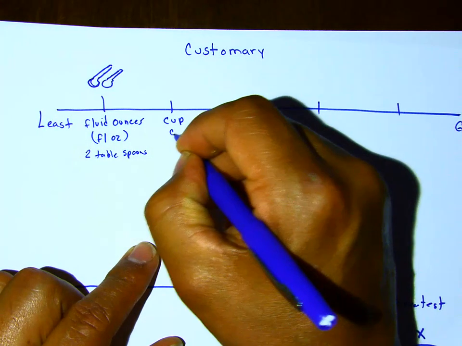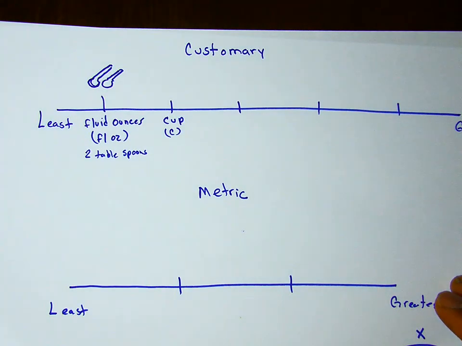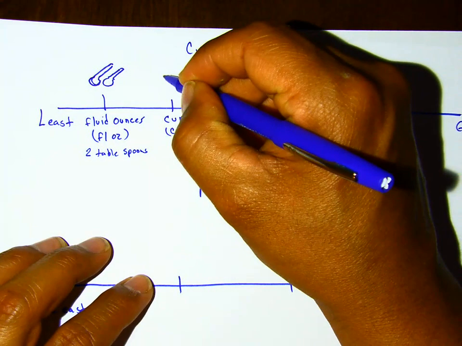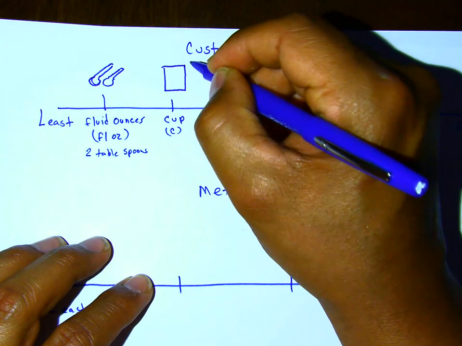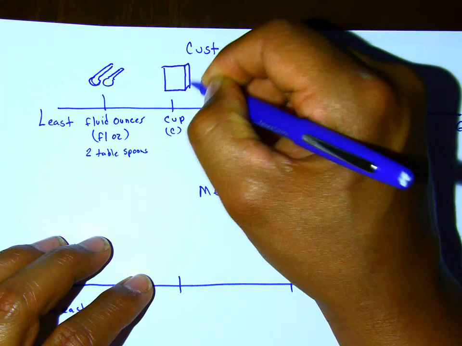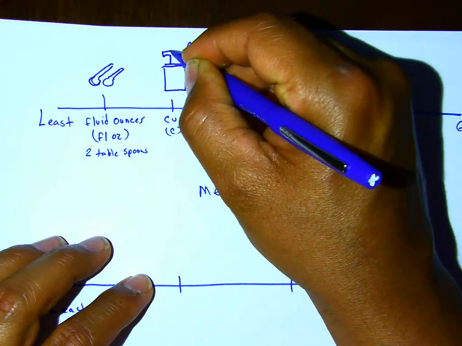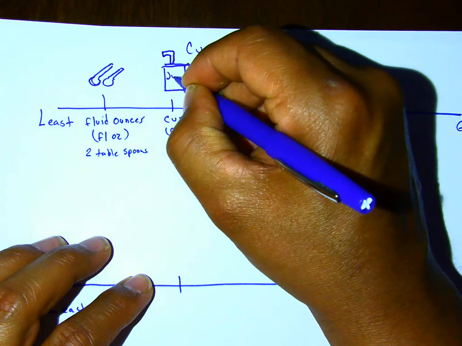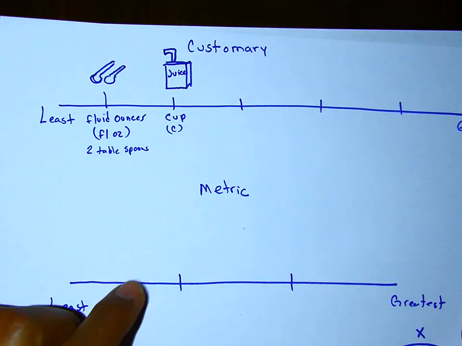Abbreviate that with a C. This would be like a small juice box. So I can make a juice box. So a small juice box is about a cup.